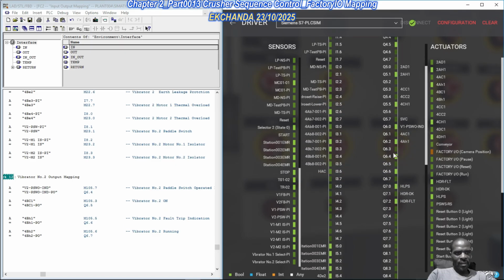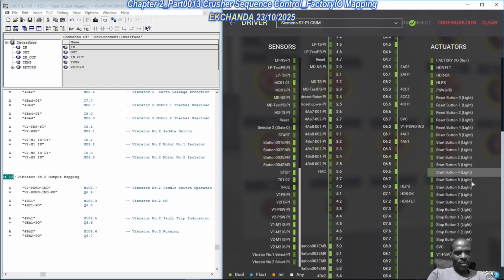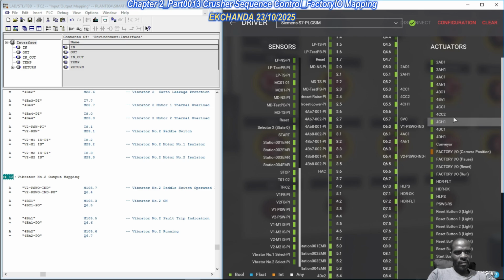Then 4BC1 is mapped to Q6.5, and then 4BH1 to Q6.6.